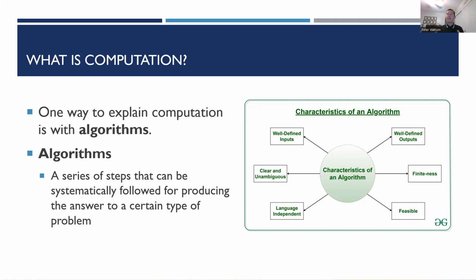And by the way, the steps that we take should be feasible. And what does that mean? It means that the steps we take should be something that we can actually do, and shouldn't be so difficult that it's very hard to do. And there should be an end.